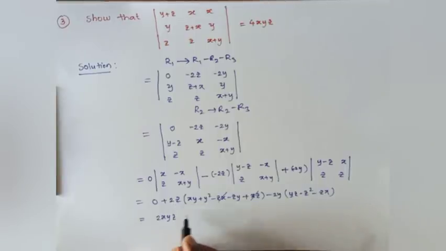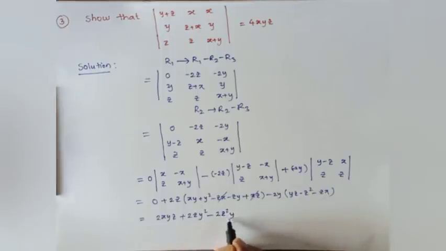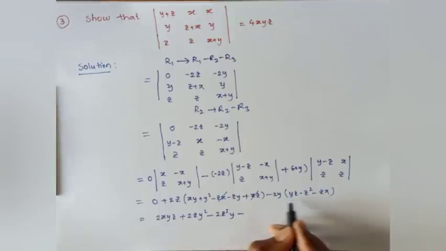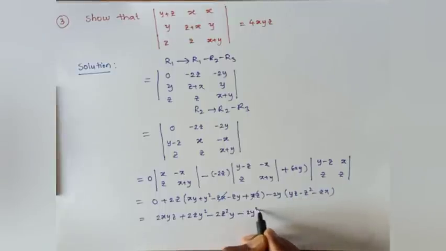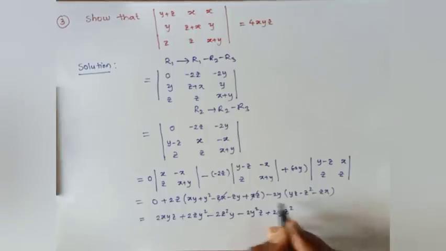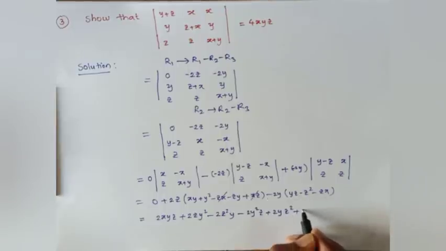Now 2z into y square plus 2zy square minus 2z into zy, so it is 2z square y minus here 2y square into z plus 2yz square, minus into minus plus, so this is 2xyz.